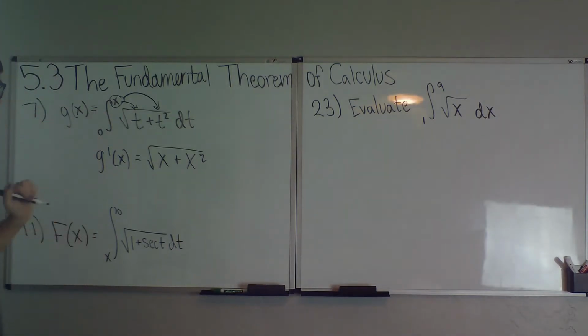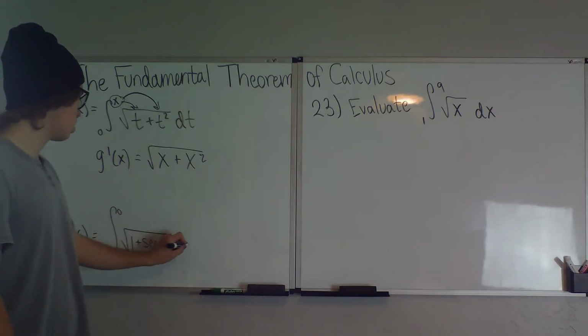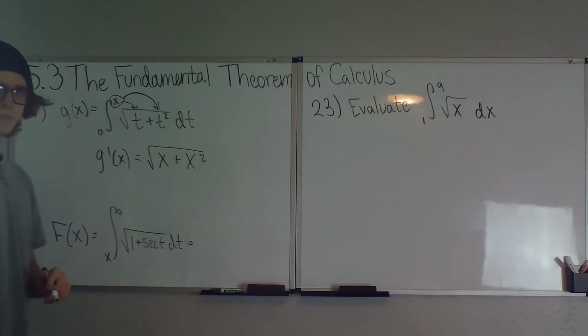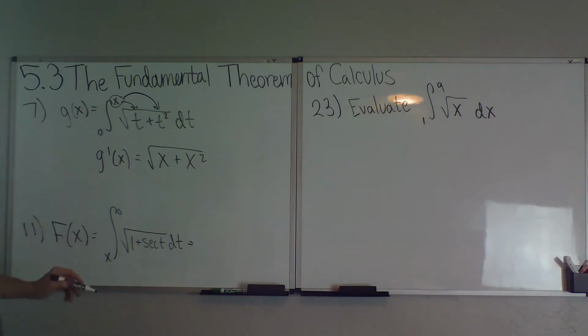If we see something a little bit more complex, we see, okay, we want to find the derivative of big F of x, and this is equal to the integral from x to 0 of the square root of 1 plus secant t dt. Well, this kind of messes us up, because fundamental theorem of calculus only works when the x is up here in the upper bound, but it's down here now.